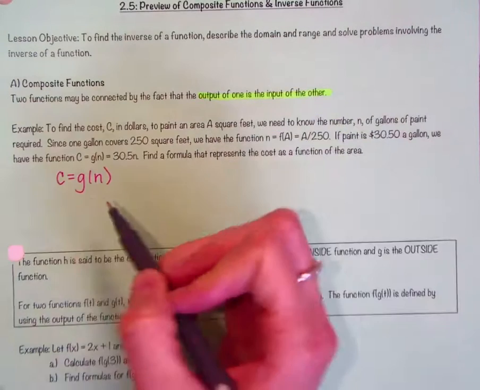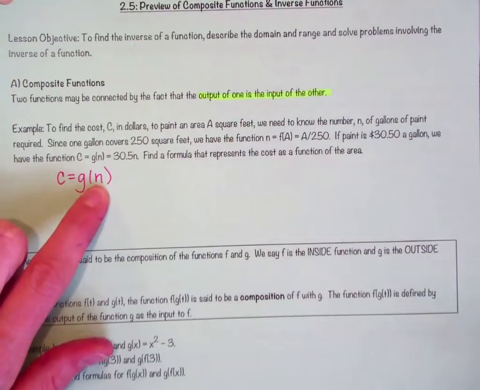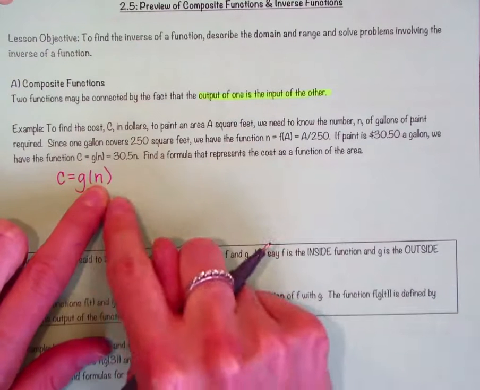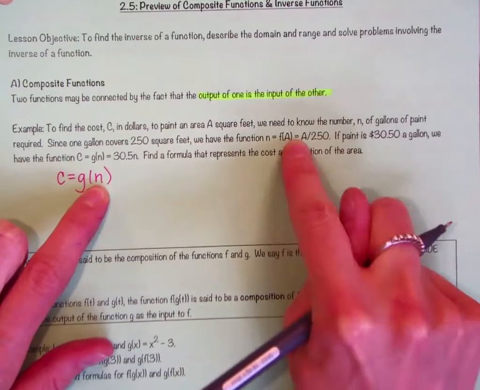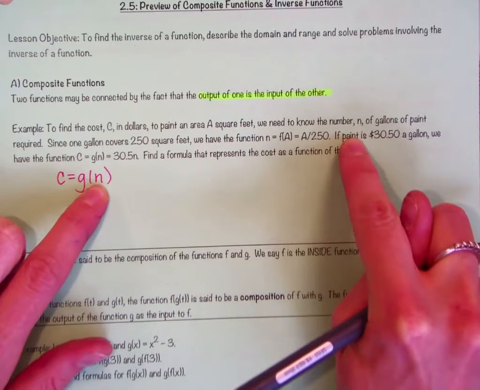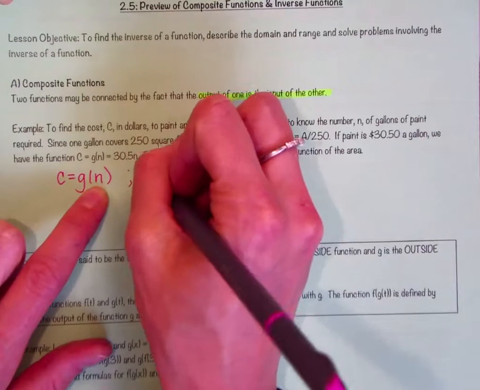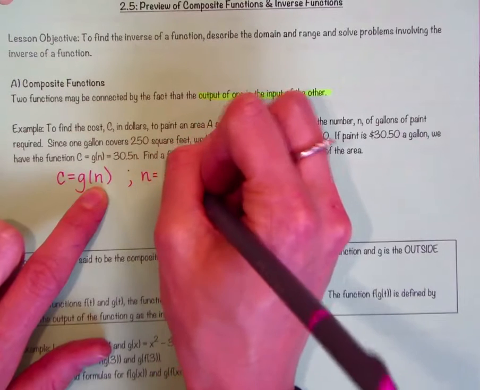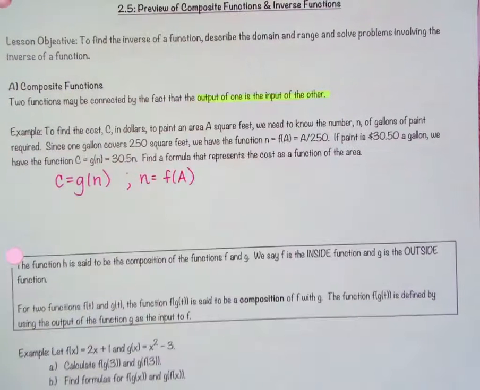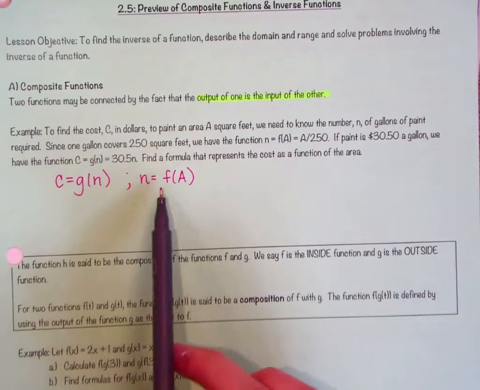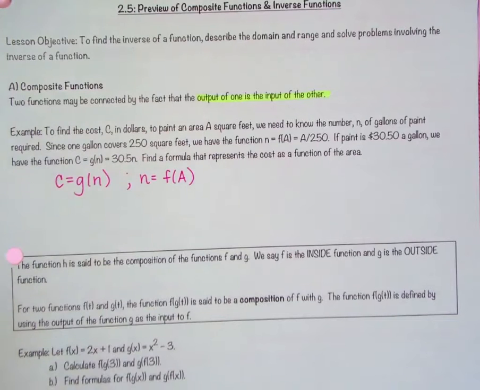Well, in order to know the number of gallons I need, which is the input here, I need to know how much space I'm covering. So I've got this equation here. And I've got this equation here. So the number of gallons I need is a function of the area.